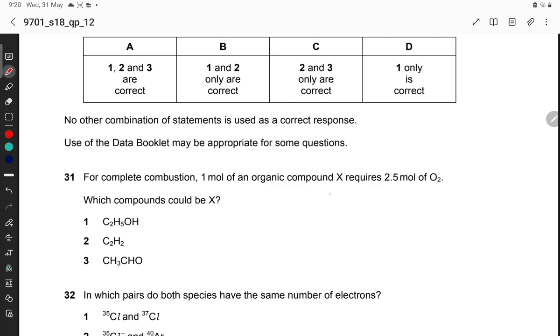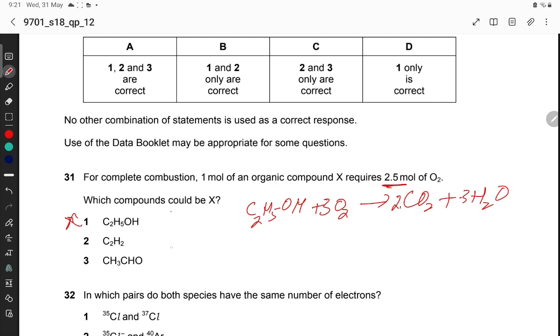C2H5OH plus O2 to form carbon dioxide plus water requires 3 moles, so it is incorrect.